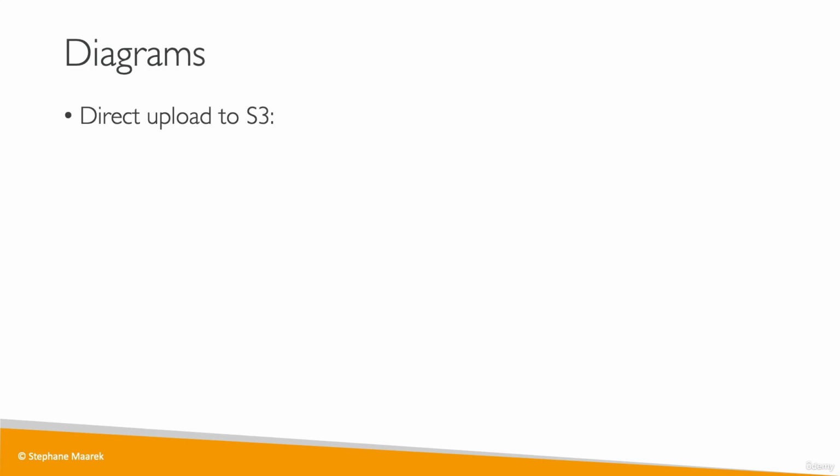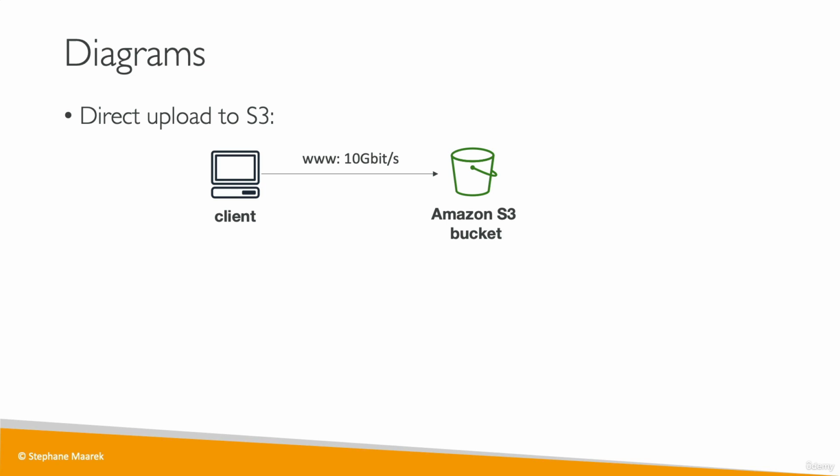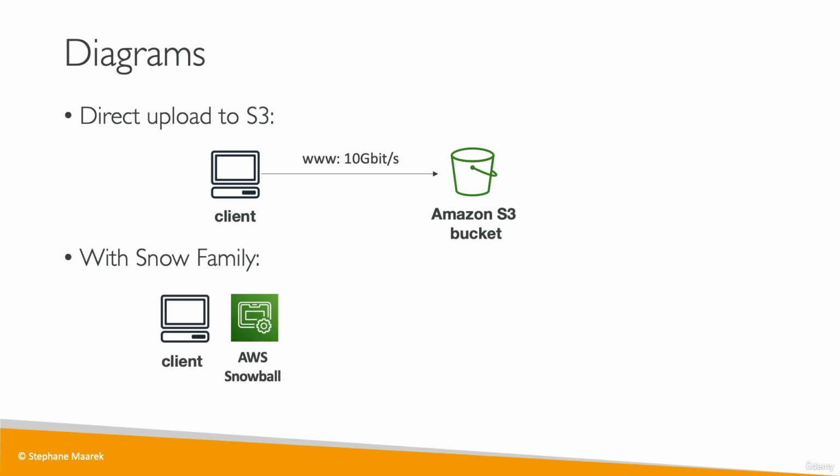So to really explain how that works, let's take an example. If you wanted to directly upload a file into Amazon S3, the client sends the data into Amazon S3. Very easy, right? But with the Snow family, for example with the Snowball device, the client requests a Snowball device. We receive it via the post. AWS will deliver the device to us. We load the data directly onto the device locally, and then we ship back the device to an AWS facility.